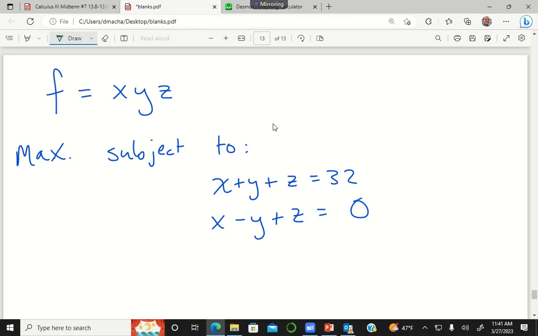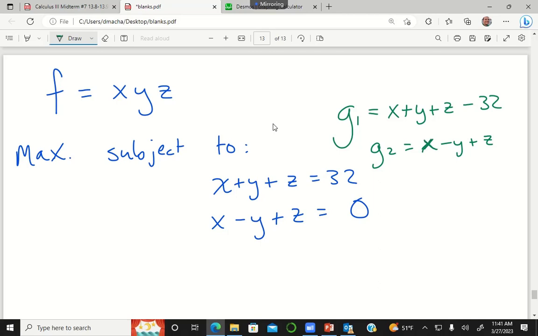What we're going to do in this case is we're going to name a G1 x plus y plus z minus 32. And then we're going to name a G2 x minus y plus z. So now I've got 2 constraints.